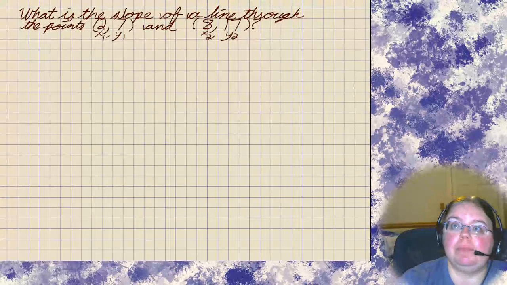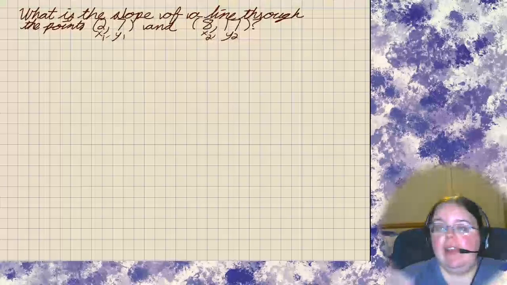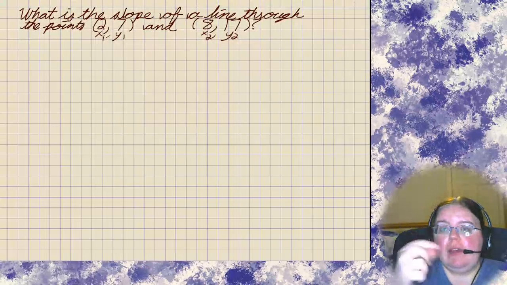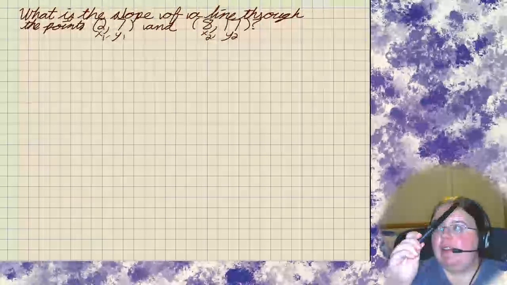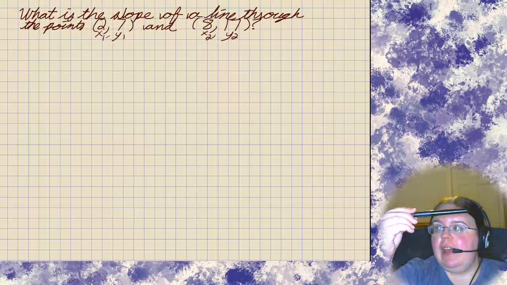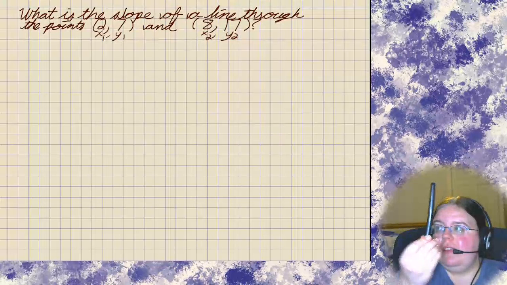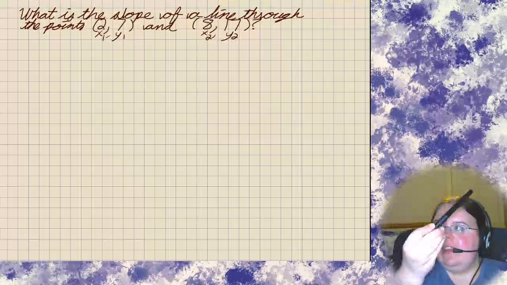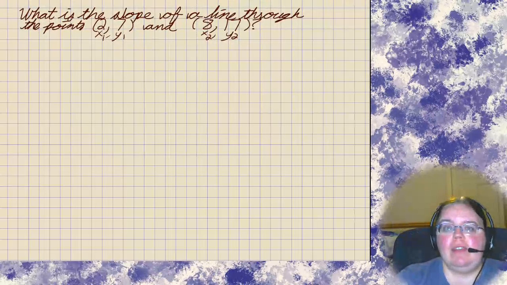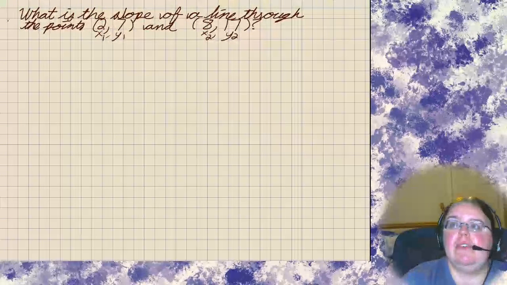So when we're talking about calculating slope, what we're really talking about is the steepness of a line. Is it mostly flat, steep, steeper still, decreasing, increasing? We're covering all those ideas of what a line can be doing.